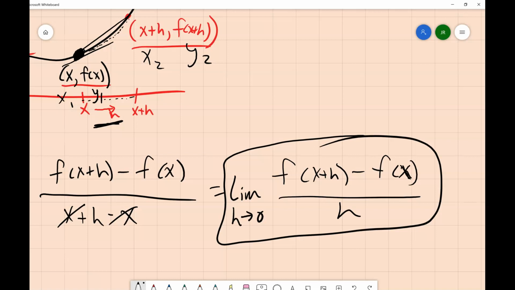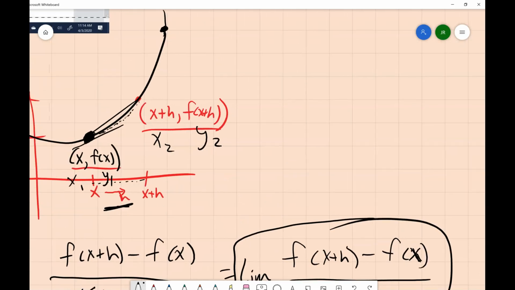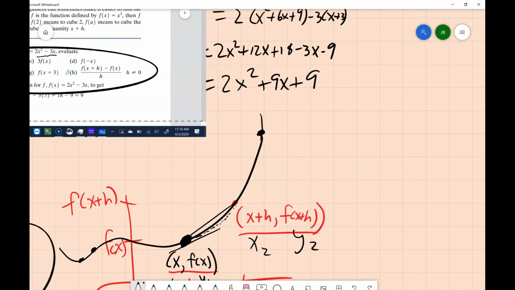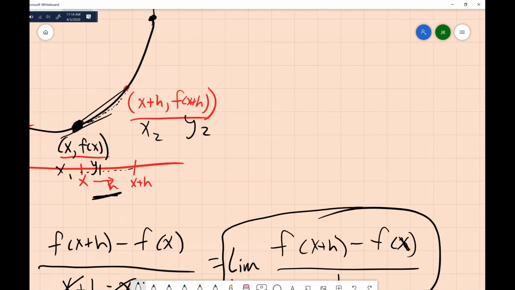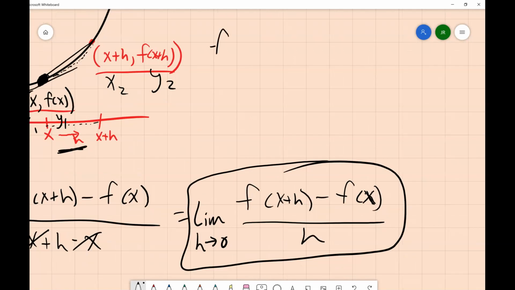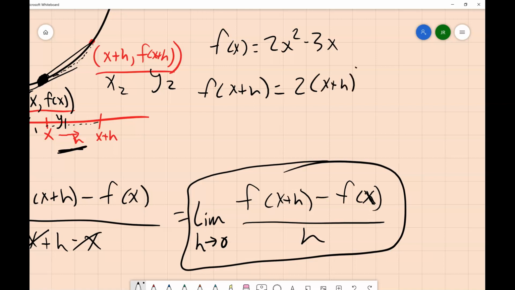So let's apply that to this thing that we had up here, which was 2x squared minus 3x, right? So f of x equals 2x squared minus 3x. So if I want to do f of x plus h, that's going to be 2 times x plus h squared minus 3 times x plus h.